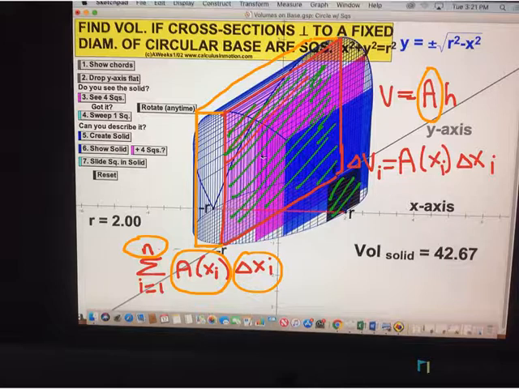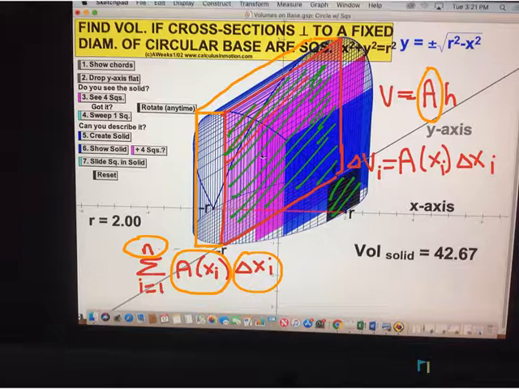But of course, you can get a better approximation by increasing the number of subintervals that you have and making sure that the width of the largest subinterval approaches 0. So that's how you get an approximation for the volume of the solid. How do you make it better? Increase the number of subintervals while also making sure that the width of the largest subinterval is getting smaller and smaller and smaller.